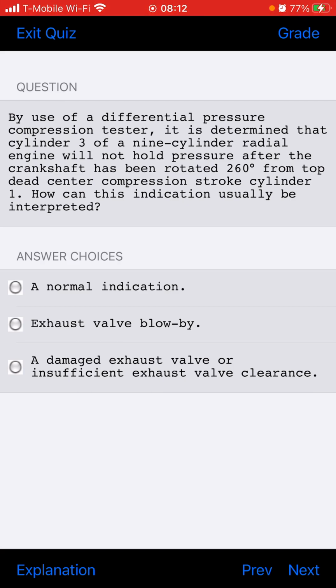When you hear a hissing sound, that's air leakage.